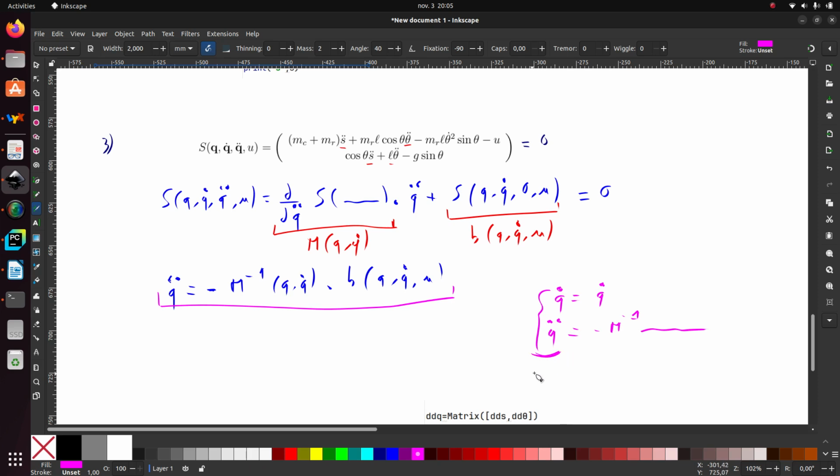So here I will have something which corresponds to x dot. This will correspond to f of x and u, and x will be the state vector which contains q and q dot. So we should understand that the q dot here is a component of x dot, whereas this q dot here is a component of x.